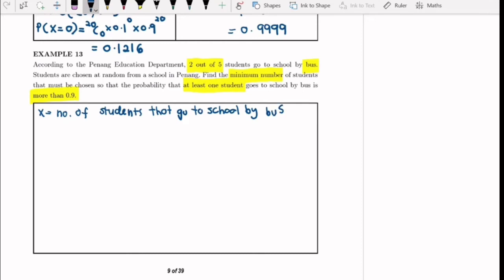So x can be binomially distributed with n equals, we don't know yet, because that is what we need to find.